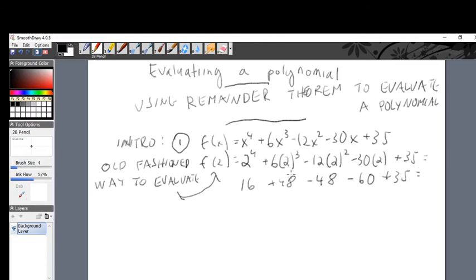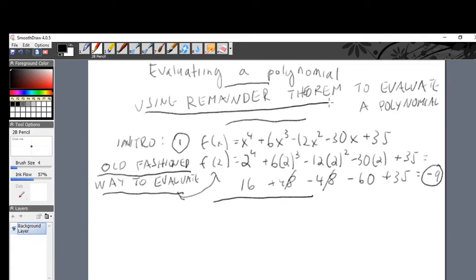How much is that? These two cancel each other out. 35 and 16 is 51. Minus 60 and 51 is equal to minus 9. That's the old-fashioned way.